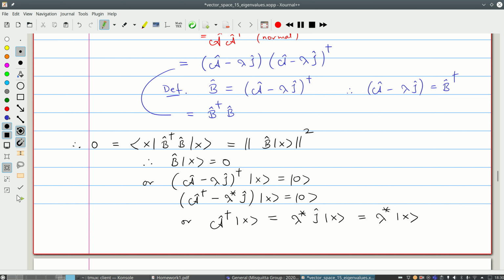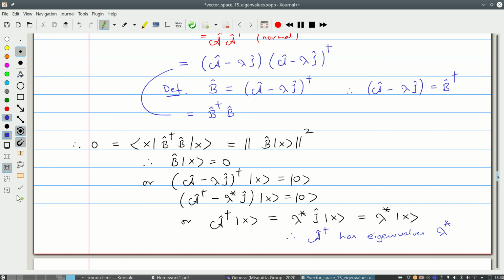Therefore, we have proved our result. A hat dagger has eigenvalues lambda star. So the eigenvalues are the complex conjugate of those for the operator A.